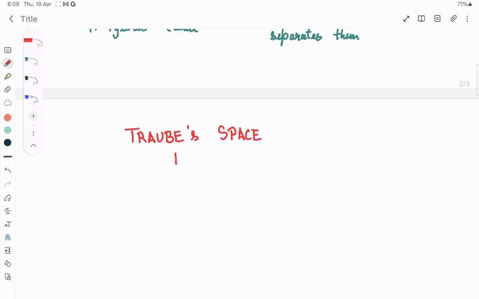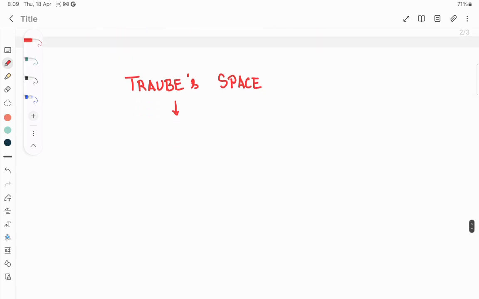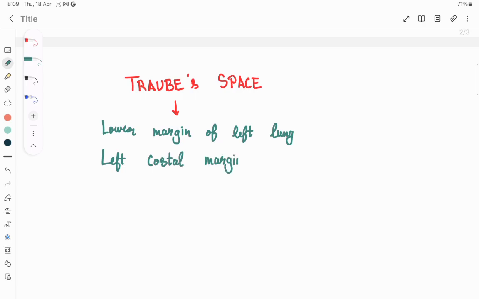It's the space bounded by the lower margin of the left lung, the left costal margin, the inferior border of the left lobe of the liver, and the anterior border of the spleen.